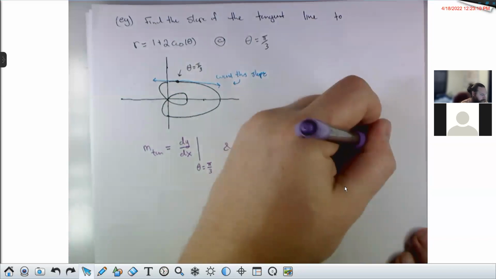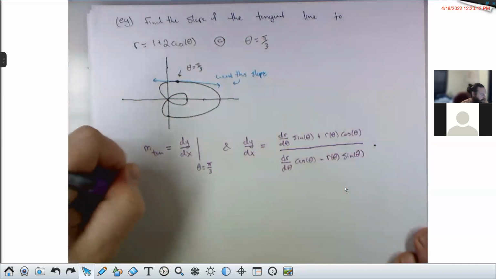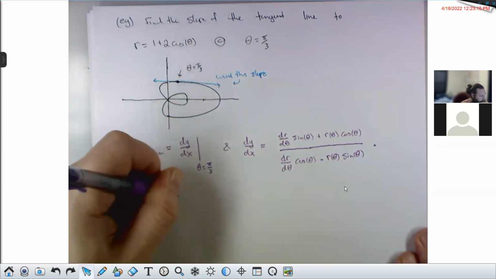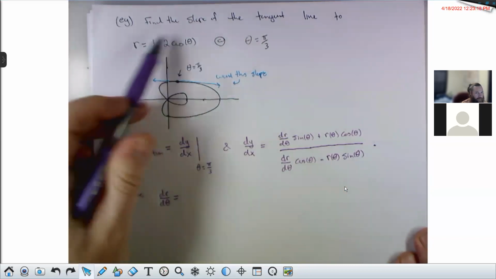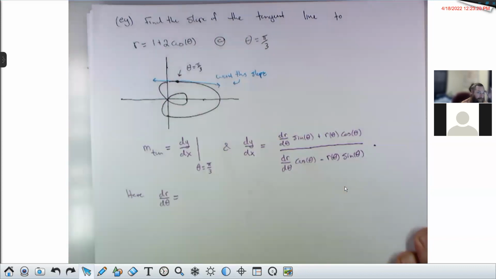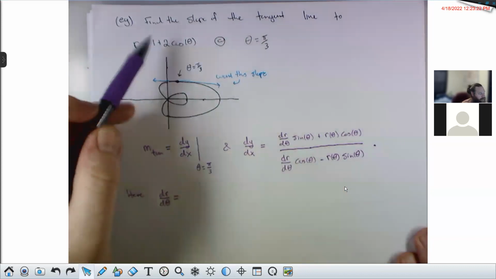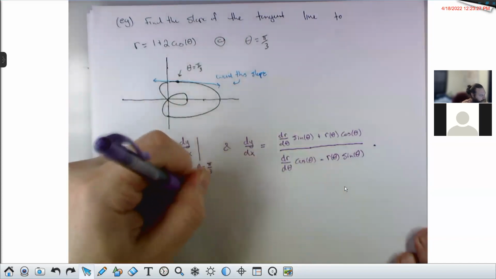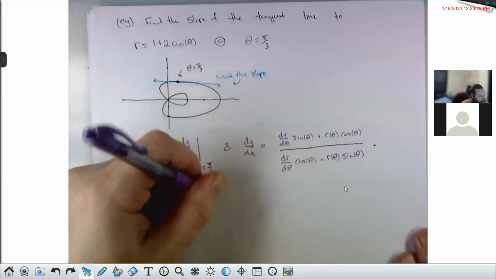Here, for this curve, dr d theta is what you get when you differentiate this r function with respect to theta. So the 1 differentiates to 0, and 2 cos theta differentiates to negative 2 sine theta.